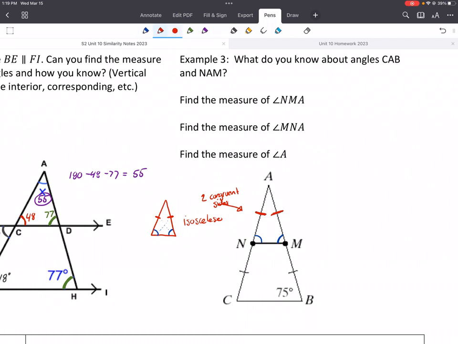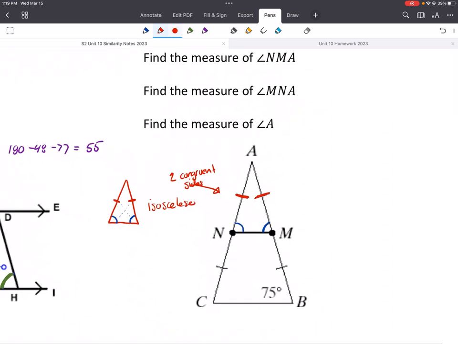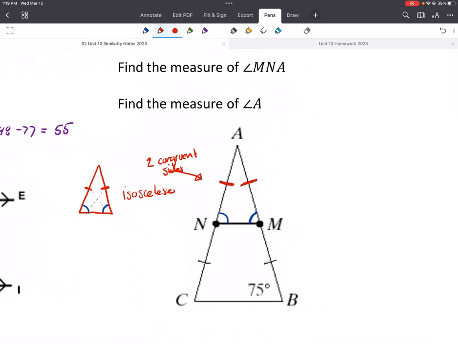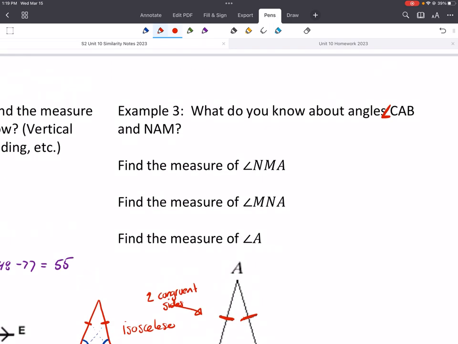All right, so the first thing asks, what do you know about the angle, maybe I should put an angle symbol here, angle CAB. Okay, so CAB is basically this: the middle letter is the vertex of your angle, and the C and the B are telling us what direction we are going, okay?